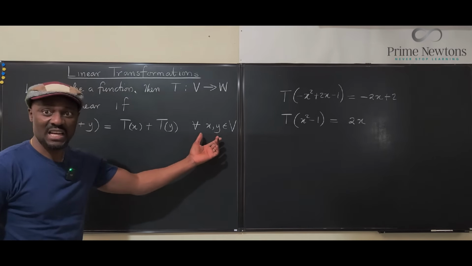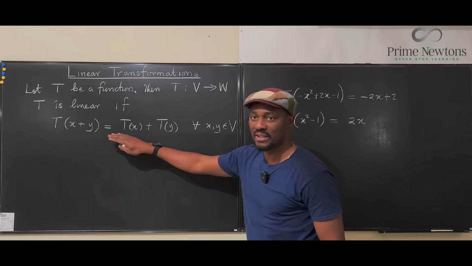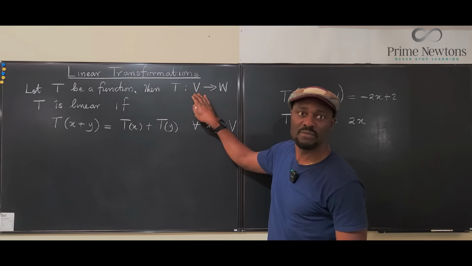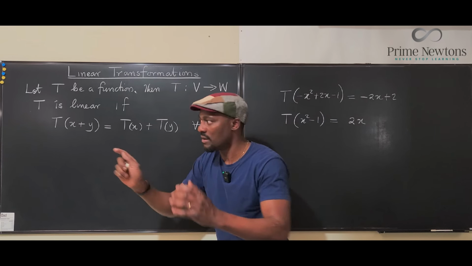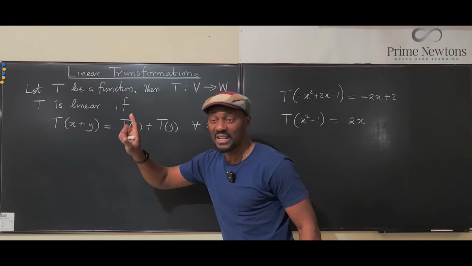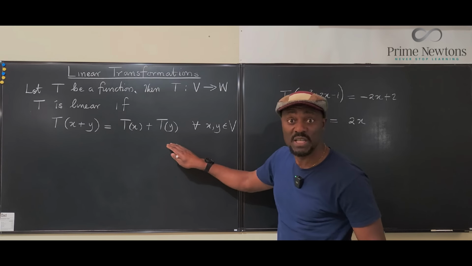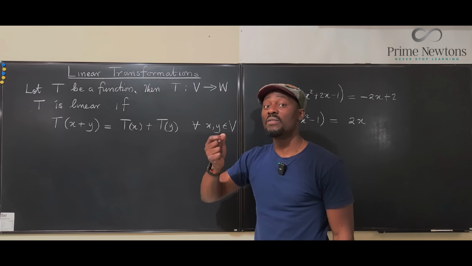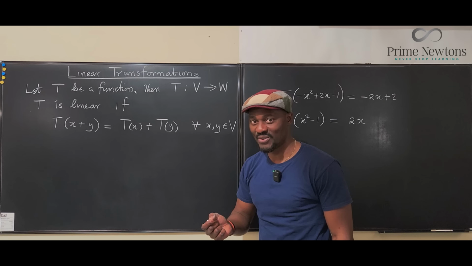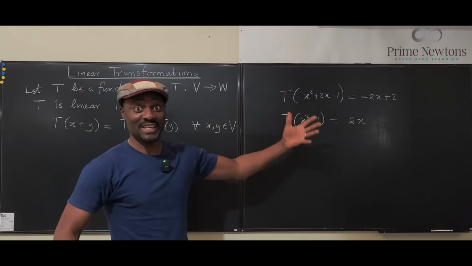Let's say x and y came from inside V, and you transform the two of them together by addition, then you get the same result as if you individually transform them. That is one characteristic of linear transformations. Which is what I'm about to show here as a good example.